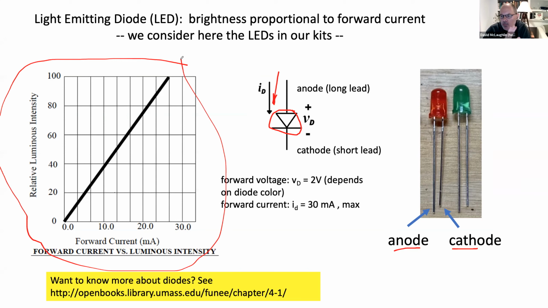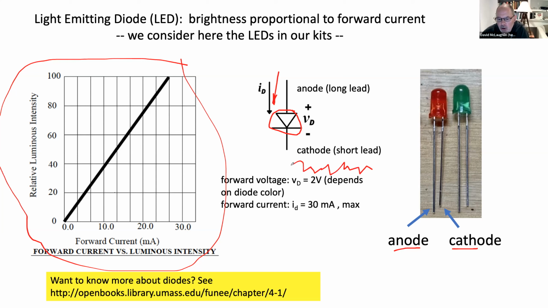And we're not going to worry about the dimensions of the brightness. They're often measured in millicandelas, which are millionths of a candle, but we're not going to get into that. But the point is, the more current that you have going through it, the brighter it's going to be. But here's the important thing.